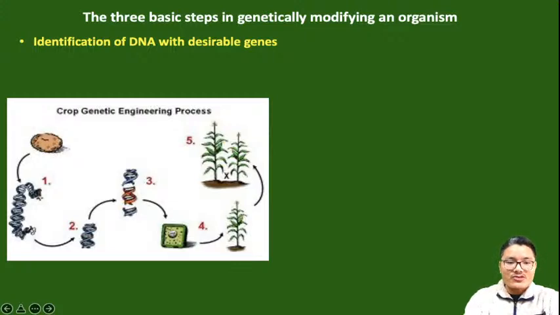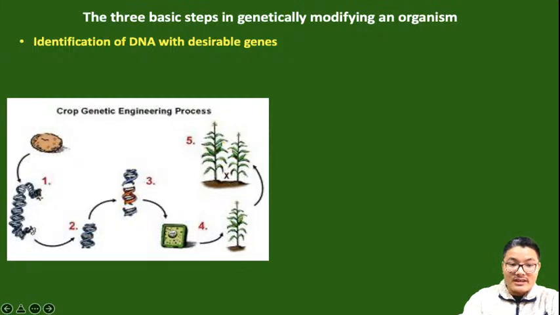Our gene of interest, which was extracted from the potato that is rich in starch, is going to be a desirable gene. Okay, so the first step is identification of the gene of interest or desirable gene, the gene that we require from the particular source of gene.